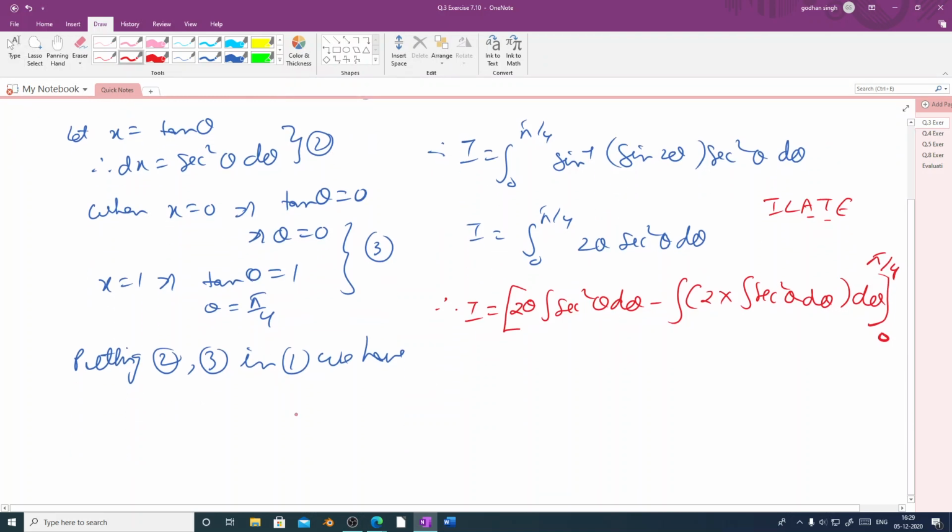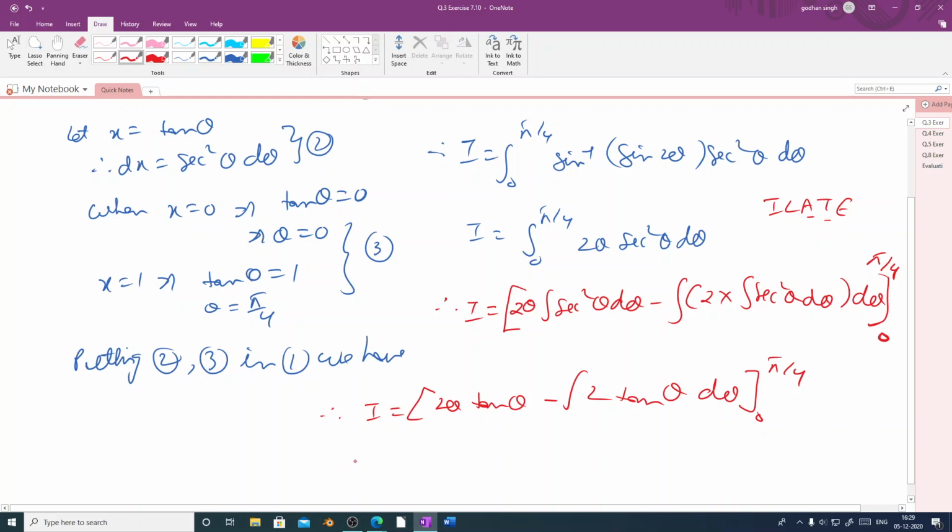Therefore, we'll get I equal to 2 theta, integration of sec square theta, we know that is tan theta, so tan theta, and minus 2, then integration of sec square theta is tan theta, d theta is already there, and limits are from 0 to pi by 4.